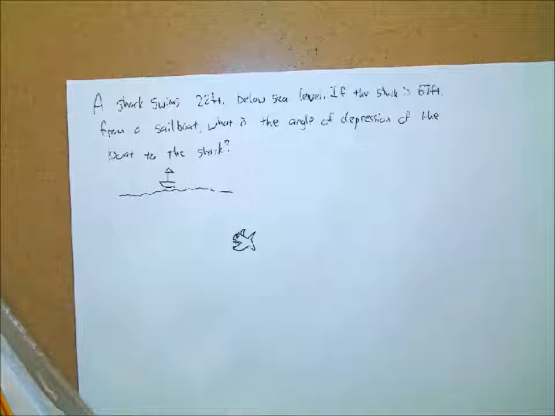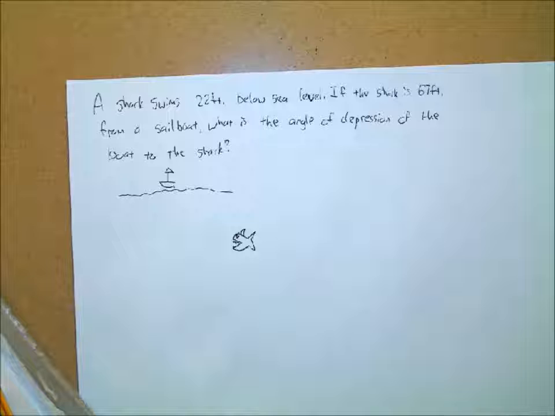Okay, looks good so far. Where's your theta? Where's your angle that you're trying to measure? Right there. So what is the ratio that you want to use? You want to find this angle measure. Be careful.